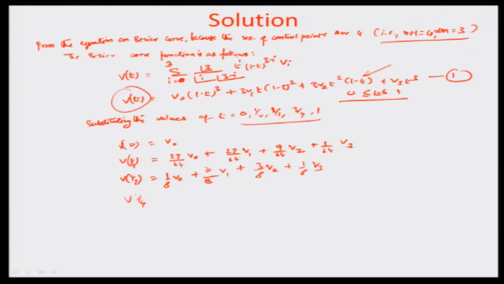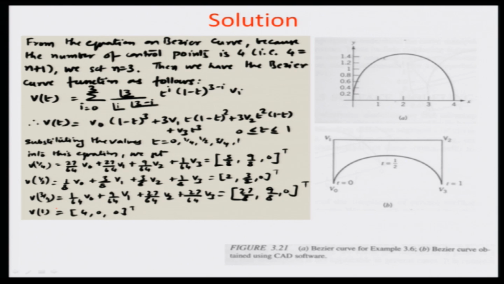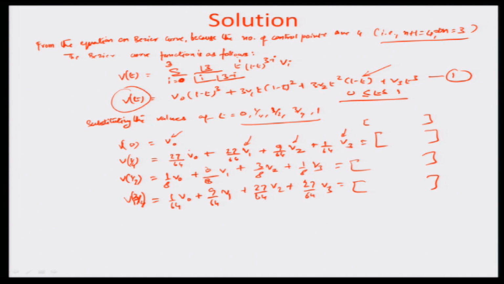Similarly, V at 3/4, corresponding to t equal to 3 by 4, can be represented as 1/64th V0 plus 9/64th V1 plus 27/64th V2 plus 27/64th V3, and that is actually nothing but the coordinates of the points that have been found by substituting the values corresponding to V0, V1, V2 and V3, which were obtained earlier from the question.